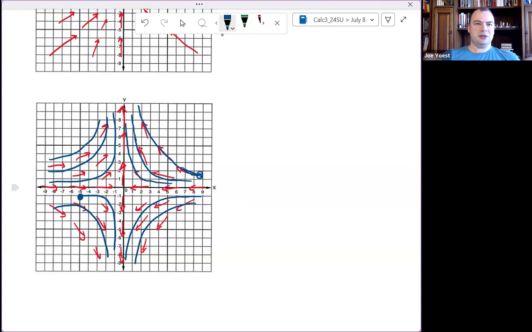So if we're drawing flow lines like this to understand a vector field in a slightly different way, instead of drawing the vectors, we would typically draw them as non-intersecting. And you could draw these on your pictures as well, of course.